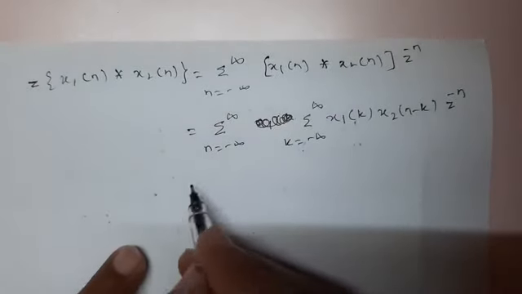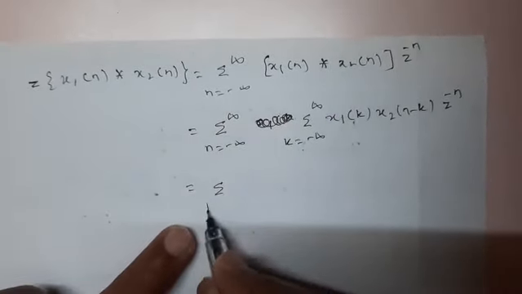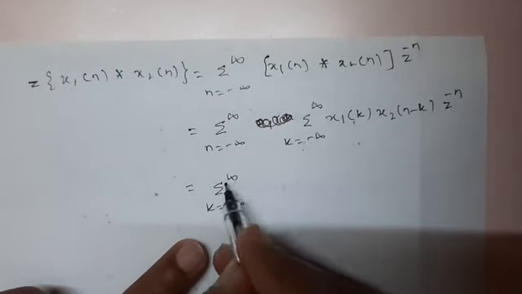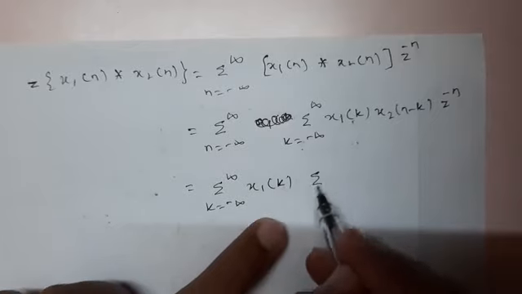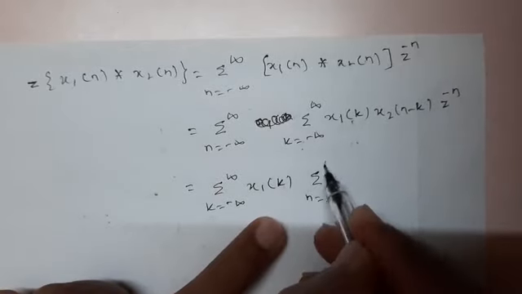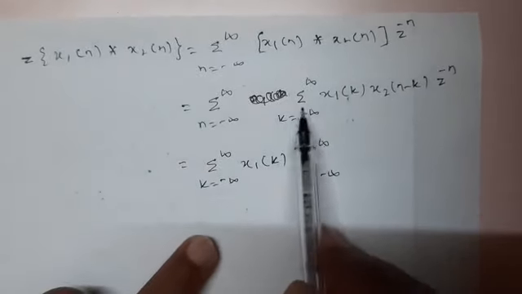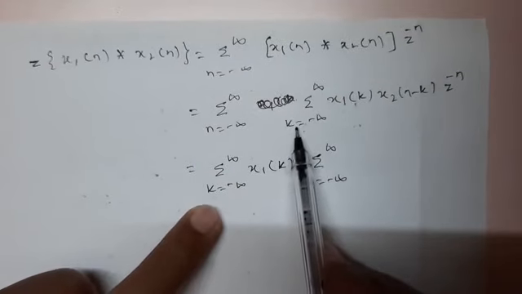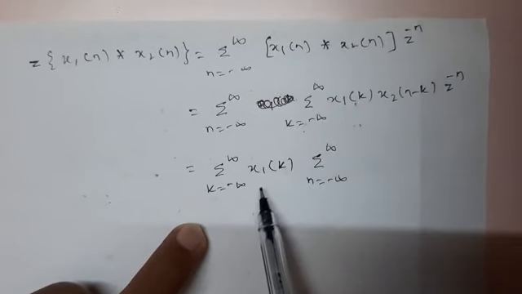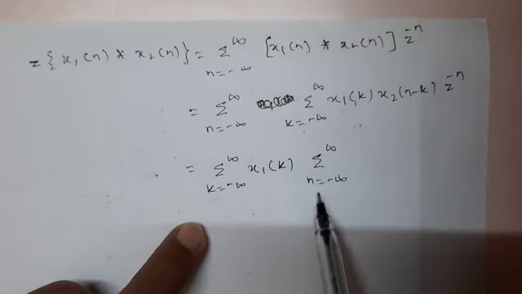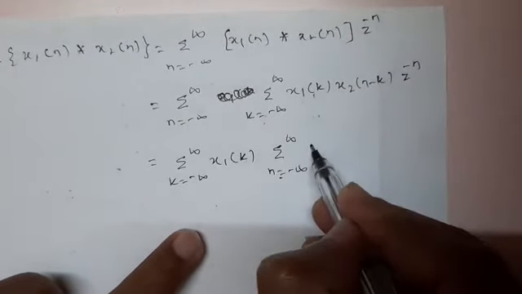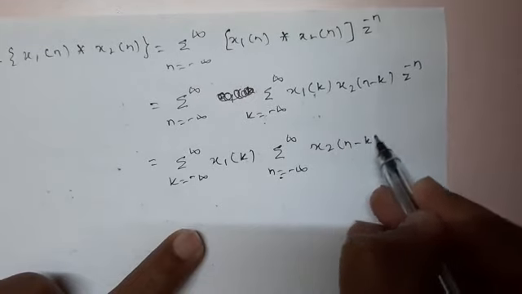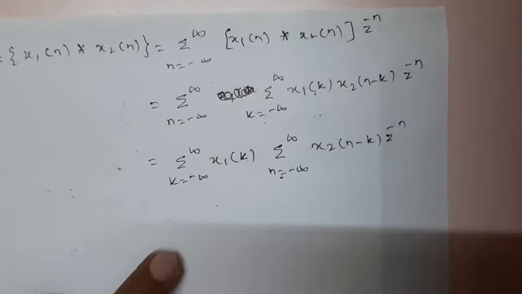So I will take out summation k equal to minus infinity to plus infinity x1 of k outside. I am left with summation n equal to minus infinity to plus infinity, rearranging the terms, x2 of n minus k z to the power minus n.